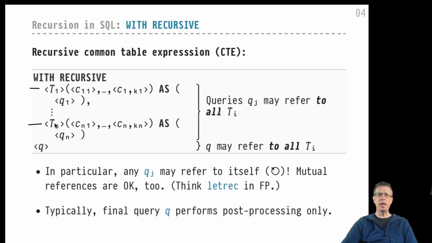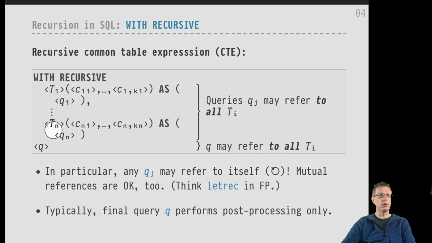We could define n such tables, and these would be the n queries that define the contents of these particular n tables. All right. The difference to the normal common table expression is in the recursive common table expressions, all these queries, this query, and this query, and also this query, the final query, the post-processing query, all of these queries may refer to any of these tables.